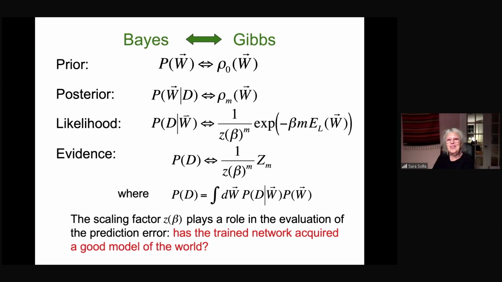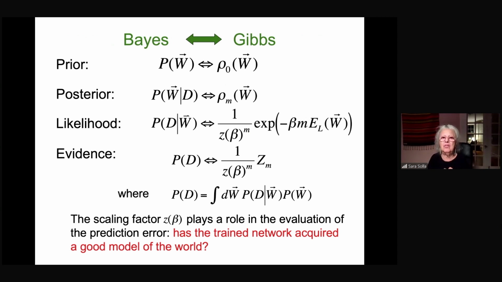Okay, so this is a summary of what I tried to tell you today. I tried to tell you, let's start with an ensemble view of all the possible networks, all the possible hypotheses for a fixed architecture, but depending on all the possible ways in which the weights could have been selected. And this is defined by a very versatile rho 0 of W, which we want to be expressive.